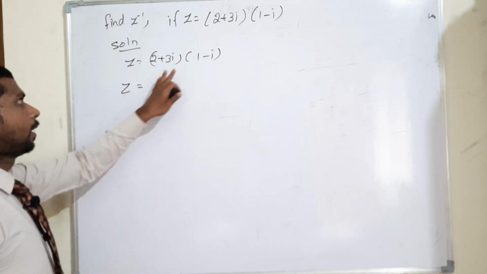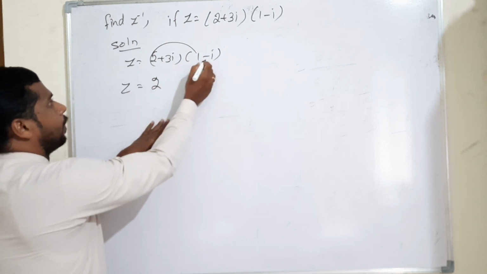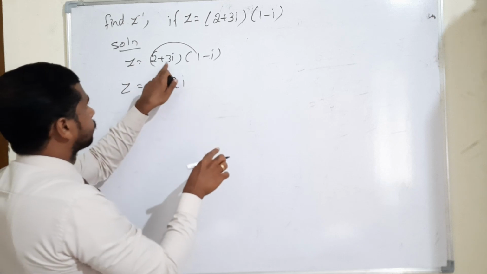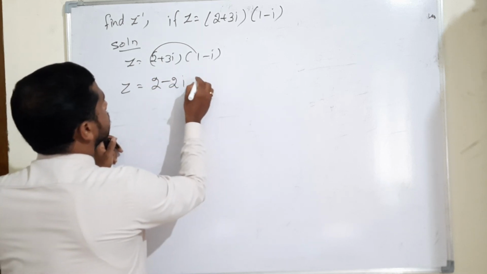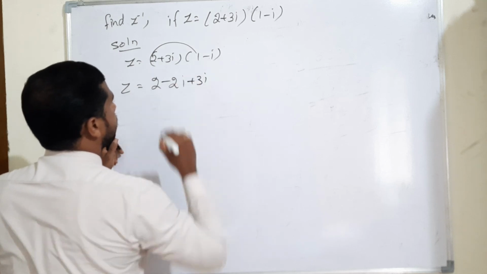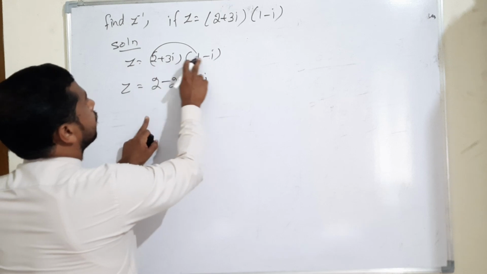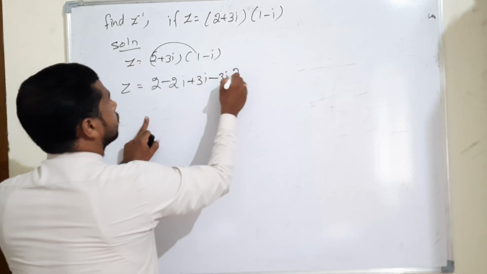First, we have to write it in standard form, real and imaginary, so first remove the bracket. 2 into 1 is 2. Minus i into 2 is minus 2i. Then plus 3i into 1 is plus 3i. Then what will happen? Again, listen very carefully. Plus into minus, minus 3i square.